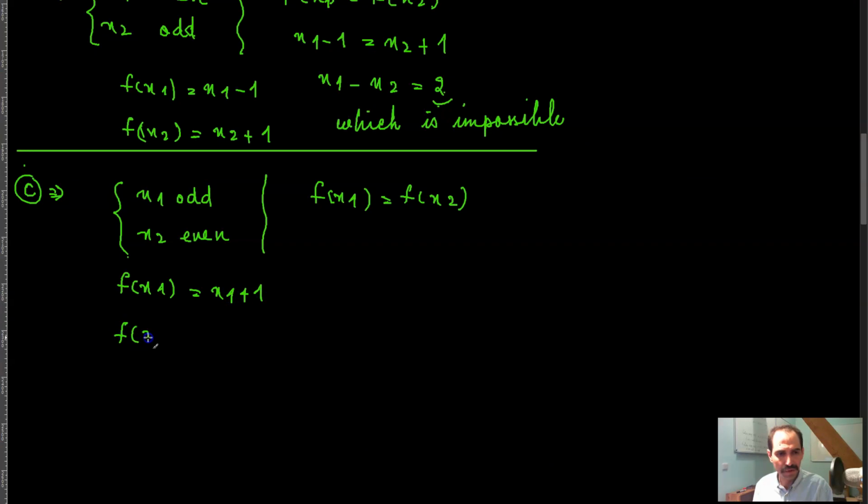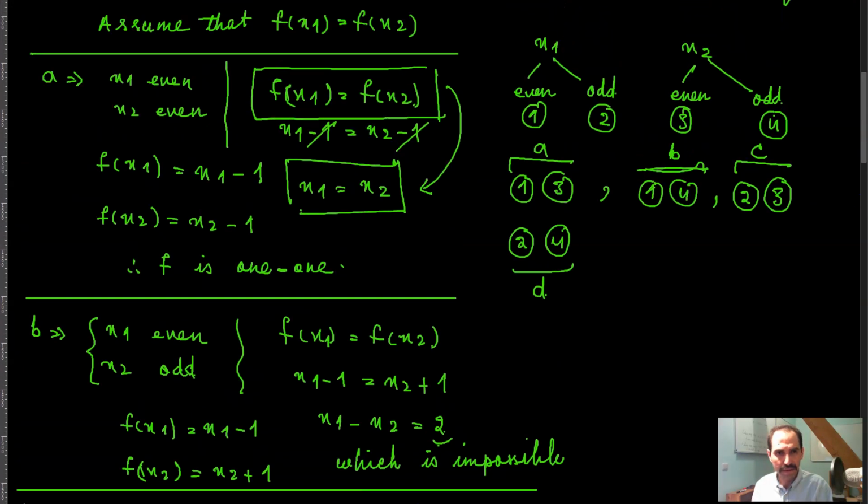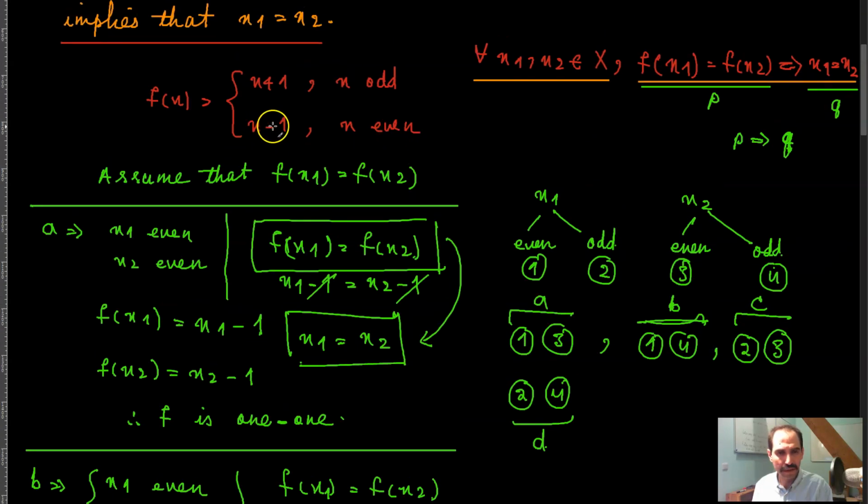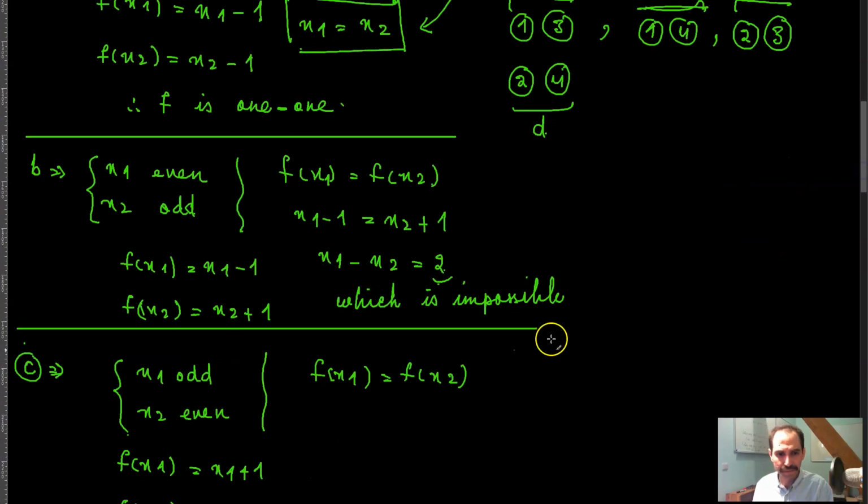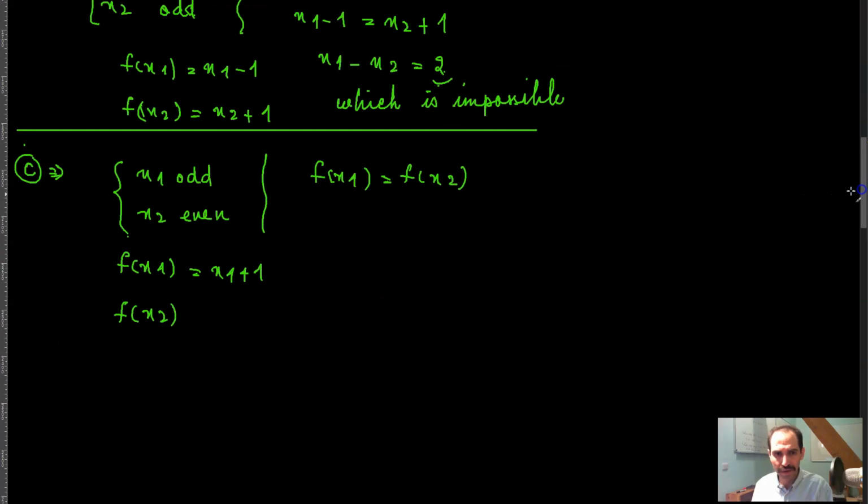And f of x2, with x2 being even, is x2 minus 1.